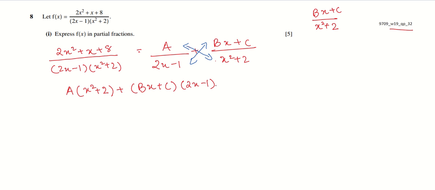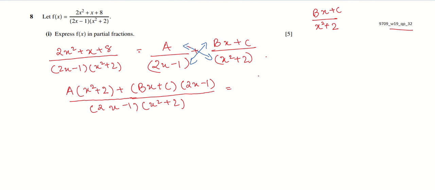Now we need to understand that we have a denominator. The denominator for this is these two factors, 2x minus 1 multiplied by x squared plus 2.